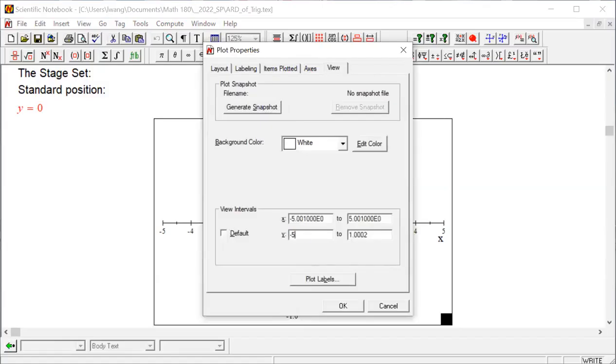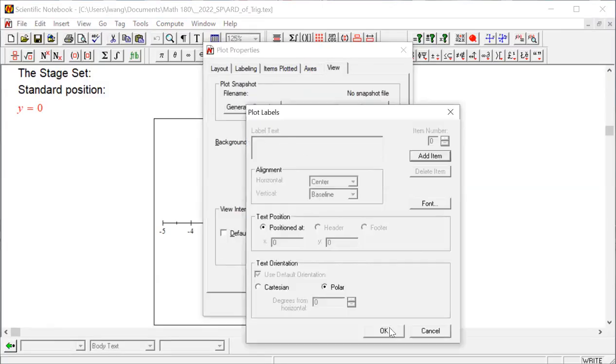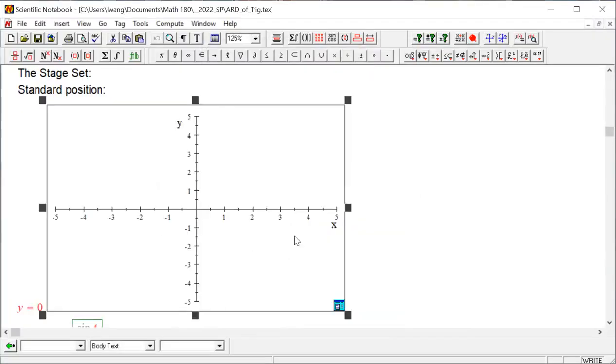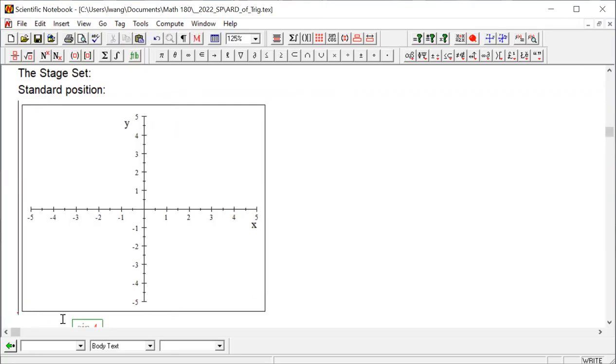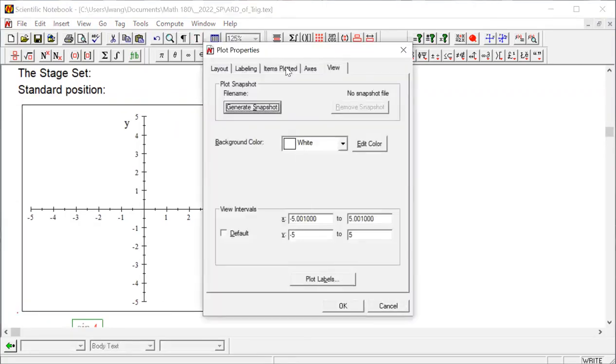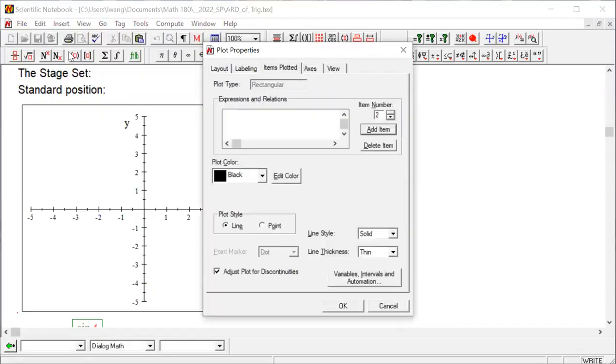Let me draw that standard position for you. Where do we start to measure angles? We measure from a standard position, and that standard position is going to be this line.